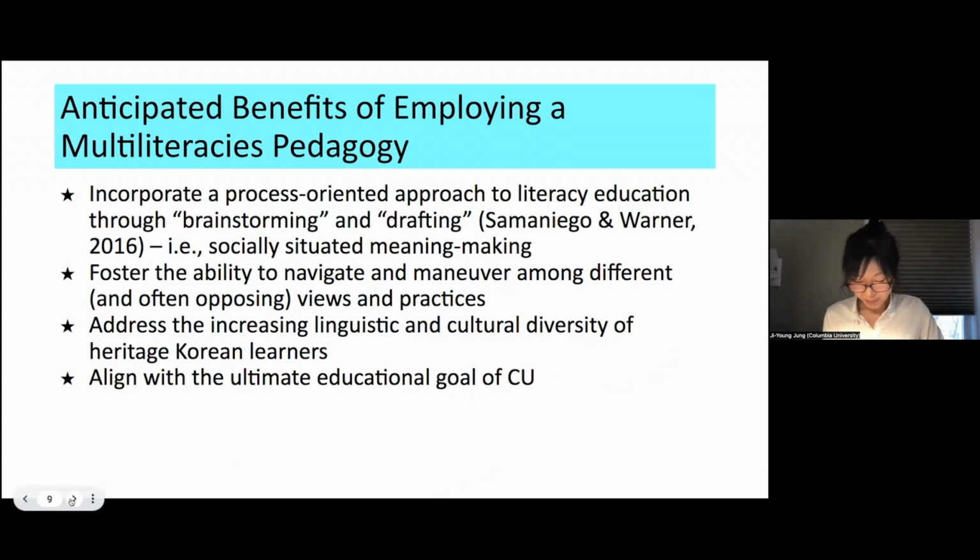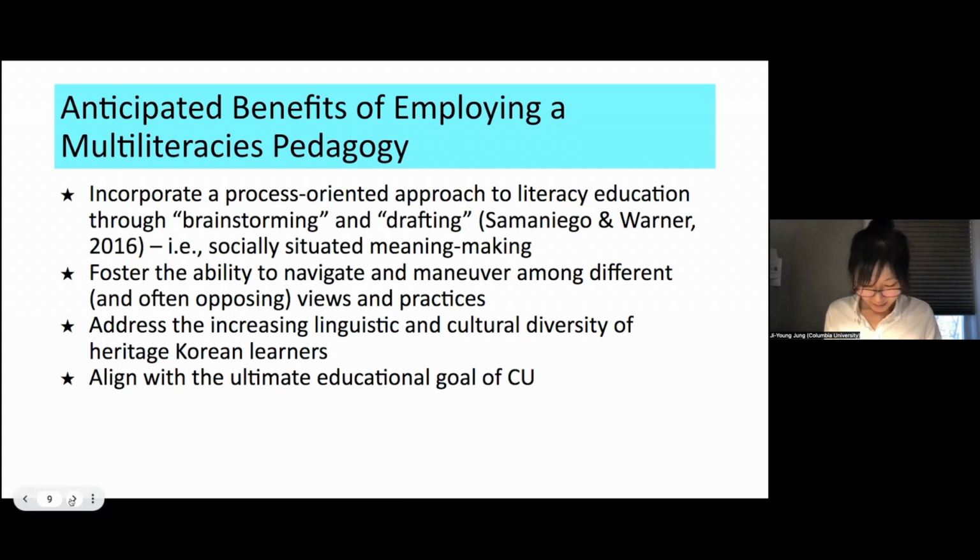This approach goes beyond traditional product-oriented learning, which focuses on an outcome at the textual level. A process-oriented approach to teaching literacy emphasizes socially situated meaning-making by encouraging students to engage with various viewpoints and practices. It equips them with the ability to navigate and maneuver through the complexities of a rapidly changing world.